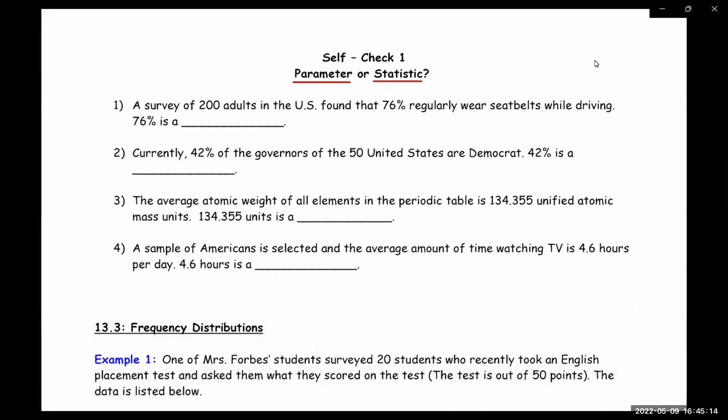A survey of 200 adults in the US found that 76% regularly wear seatbelts while driving. Is that number a characteristic of the population or of just the sample?